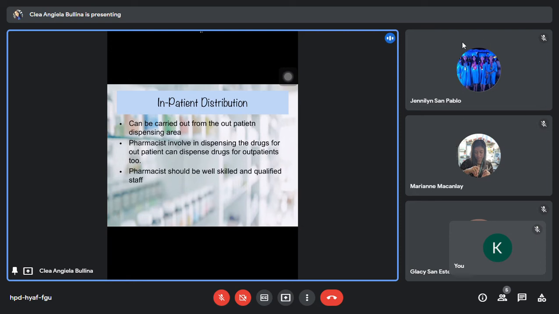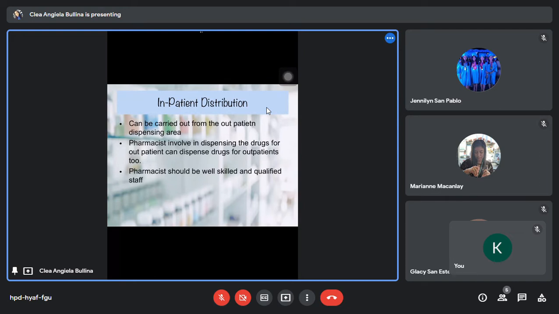Inpatient distribution refers to the drug distribution in the inpatient department, which can be carried out from the outpatient dispensing area. Okay? So the drug distribution in the inpatient department, pwede siya kunin doon sa outpatient dispensing area.